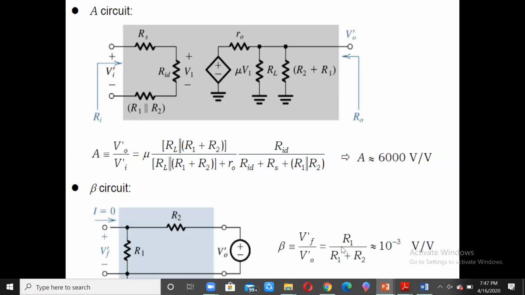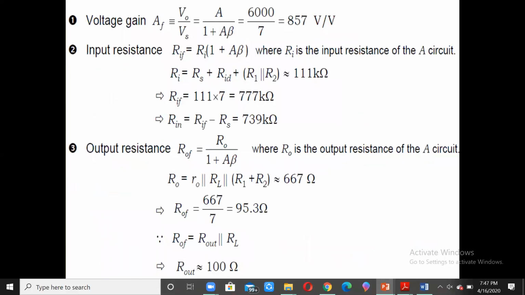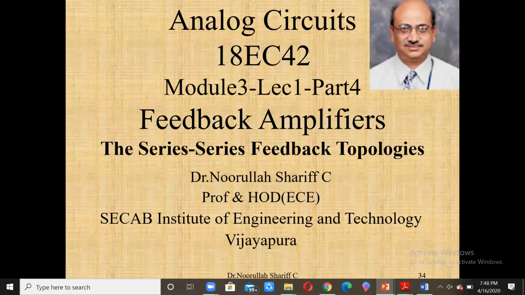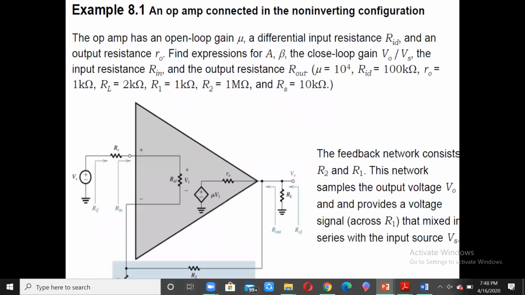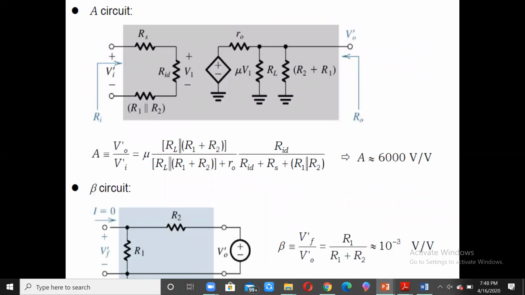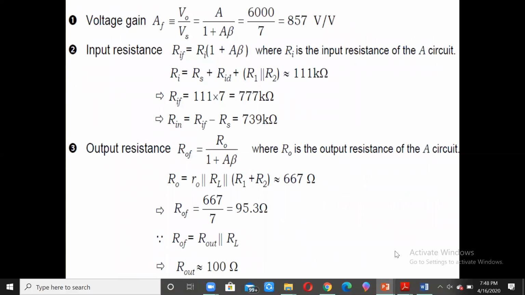If you substitute R1 and R2 there, we'll get approximately 10 to the power of minus 3, because the values are mentioned here in the formula. R1 is 1 kilo ohm and R2 is 1 mega ohm. So you can neglect the 1 kilo ohm compared to 1 mega ohm, and hence we get 1 kilo ohm by 1 mega ohm, that is equal to 10 to the power of minus 3.